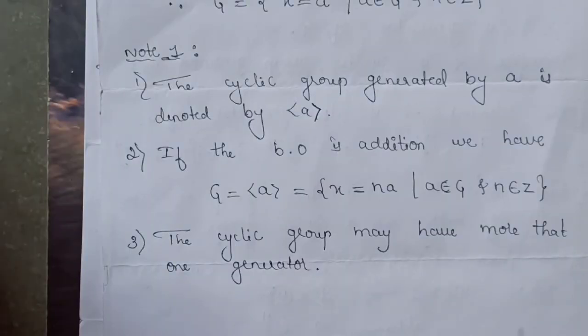The cyclic group generated by a is denoted by angle brackets a.